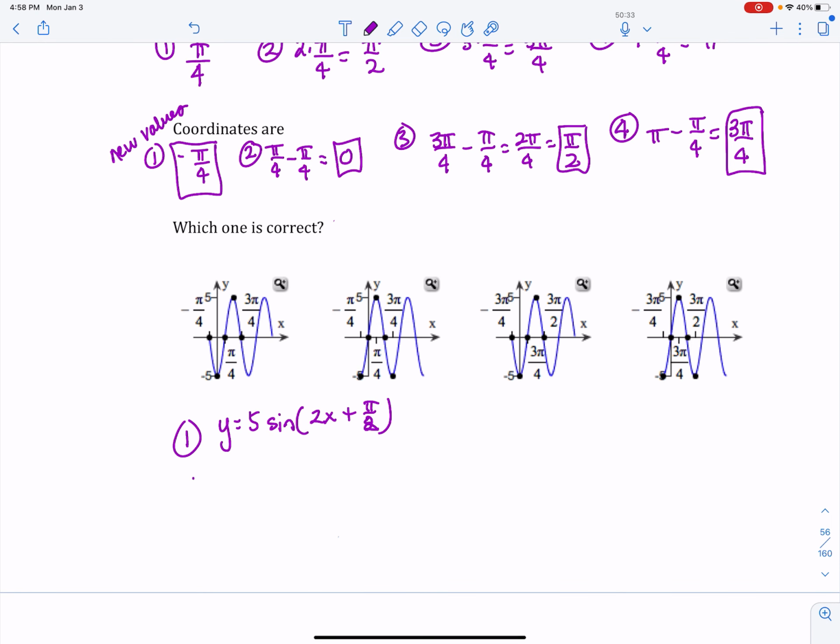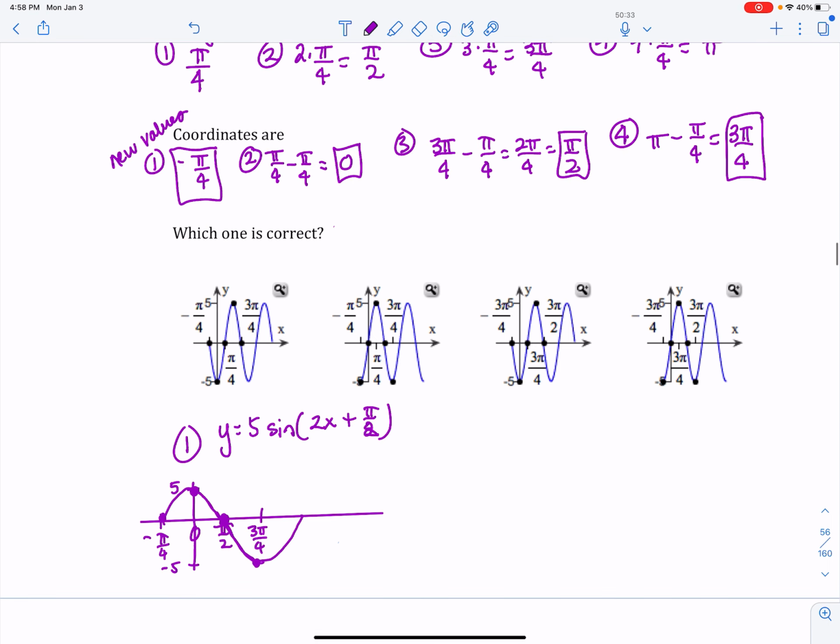So if we're going to graph that out, I would use those points I just found. So let me write those in. So negative pi over 4, 0, pi over 2, and 3 pi over 4. Remember the amplitude is 5 and negative 5. So this would look like this because I'm taking the parent function and graphing it on top. And I'm going to need another point here because I need to come back up around.